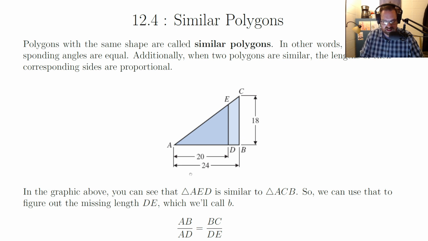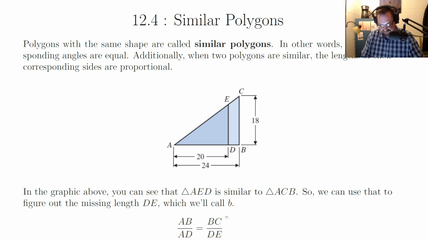If I have three pieces with a fourth that's unknown, I can set up a proportion, a fraction that would figure out what that missing piece is.